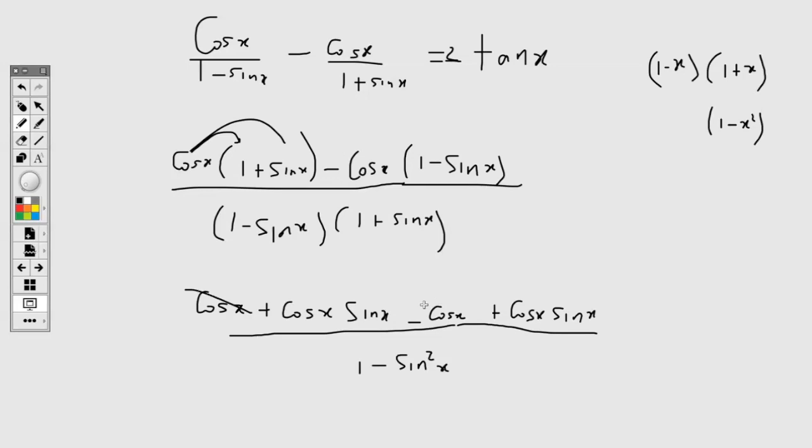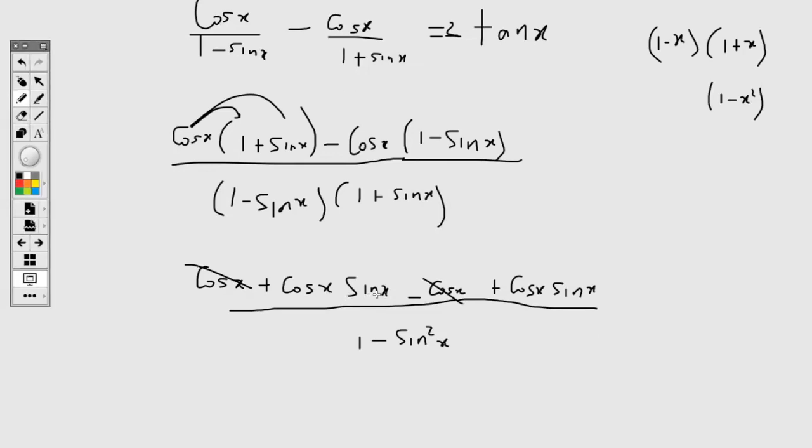Now the cos x in the numerator cancels. Cos x sin x plus cos x sin x gives us 2 cos x sin x over 1 minus sine square, which by identity is the same thing as cos square x.